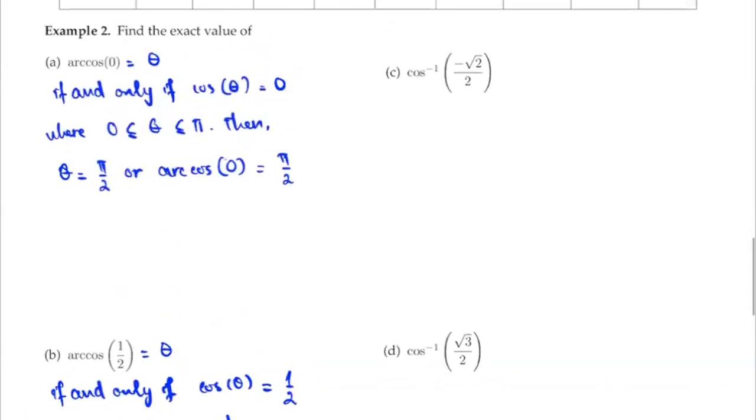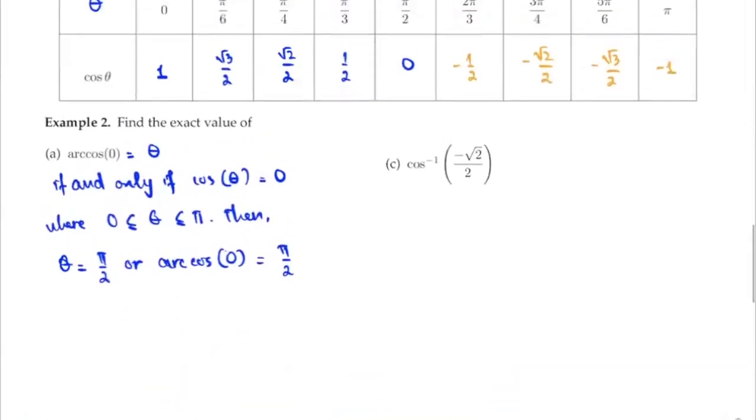Well, cosine inverse of negative root 2 over 2, again, this is equal to theta. You're looking for the value of theta such that, if and only if, cosine of theta is equal to negative root 2 over 2. Again, how can you get these equations? You take cosine on both sides of the equation, and the cosine and the inverse cancel out. So you get negative root 2 over 2 on one side, and cosine of theta on the other side.